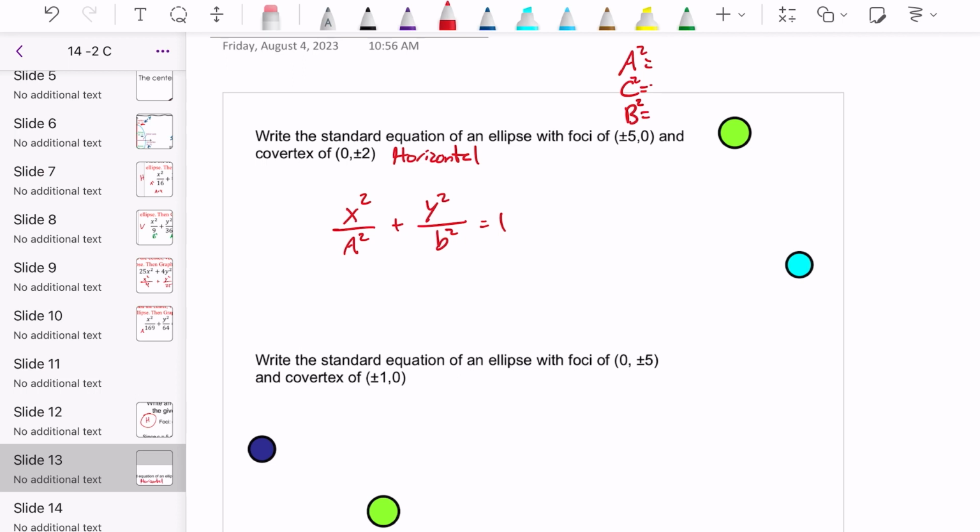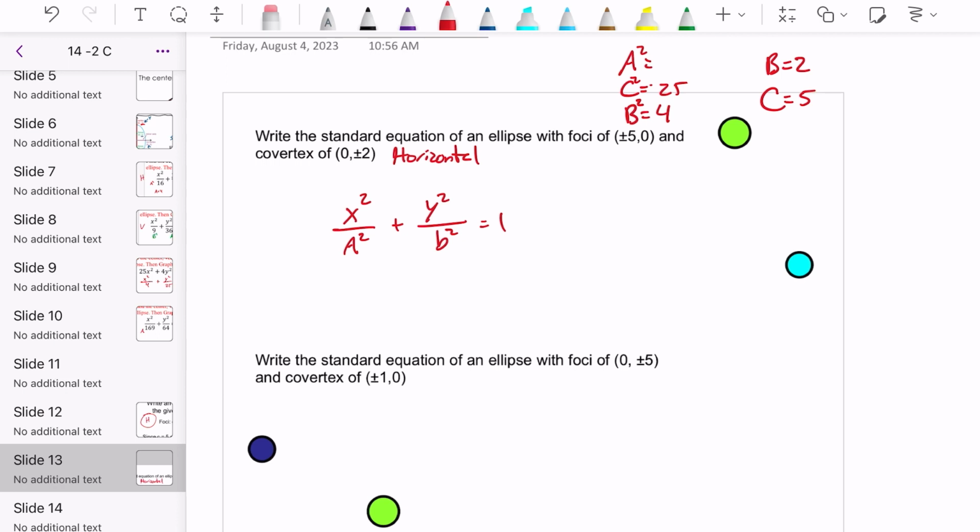So let's begin with our co-vertex. Co-vertex says that it's going to be a distance of 2. So that means B is equal to 2, which means B squared is equal to 4. C is coming off your foci, which is 5. C squared would be 25.